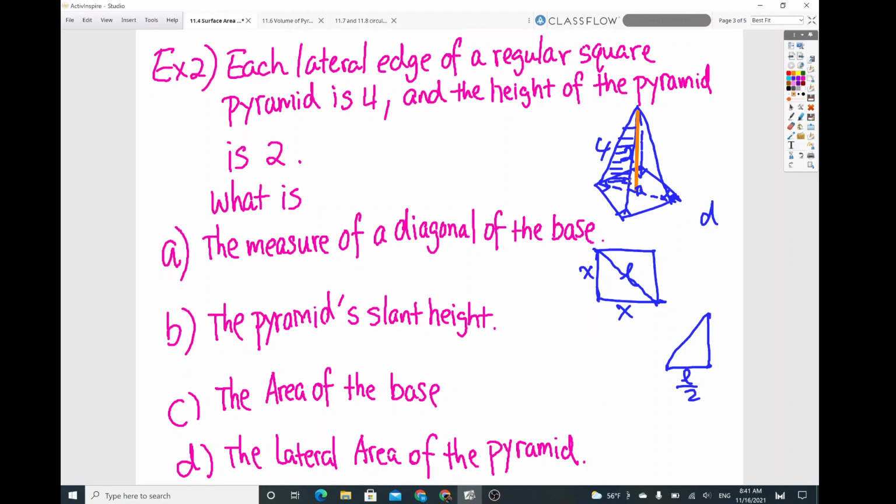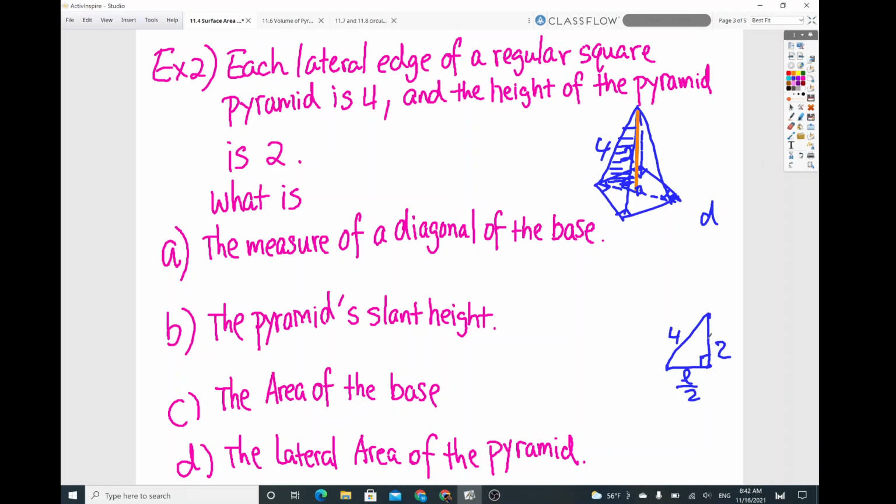The cross-section is the one I just shaded here. This one's 4 units, and the height here is 2. In order to find this L, we use the Pythagorean theorem. For the square base, we're going to use that figure later, so let me erase this one first and just focus on the cross-section, that right triangle.